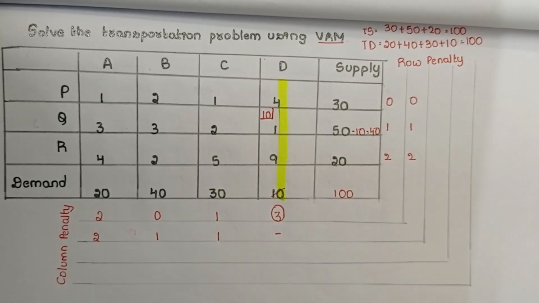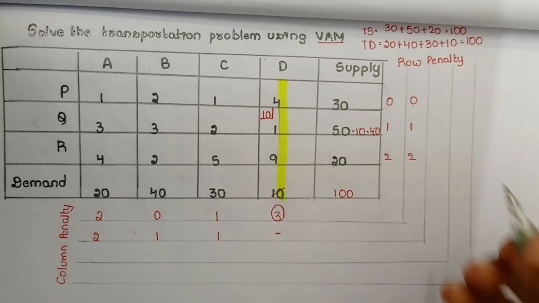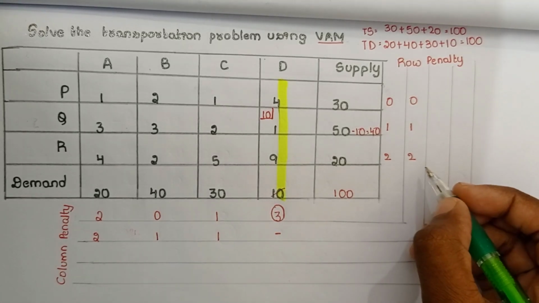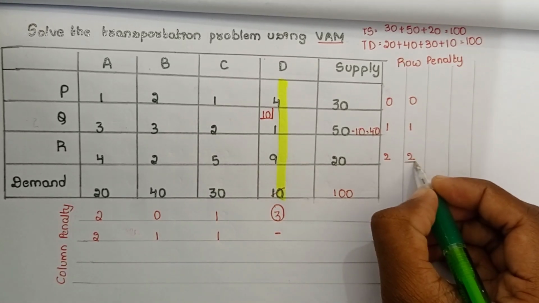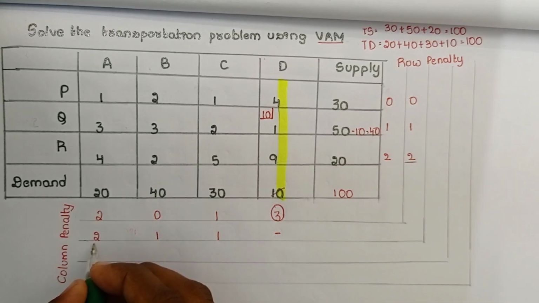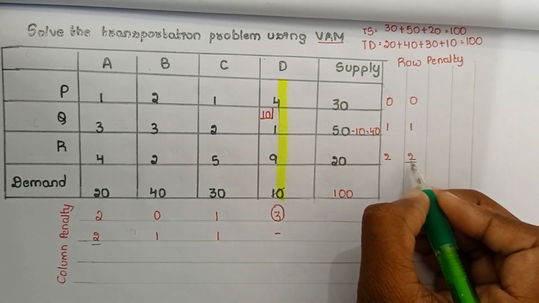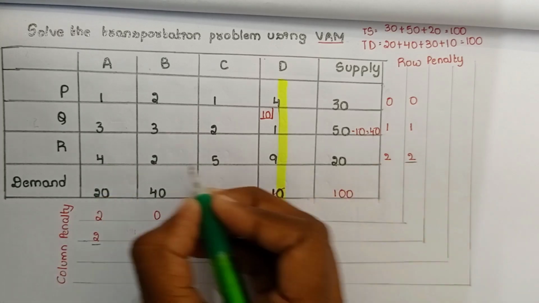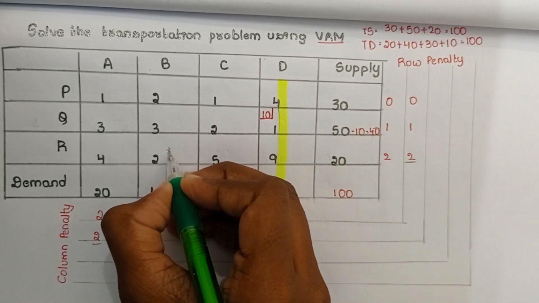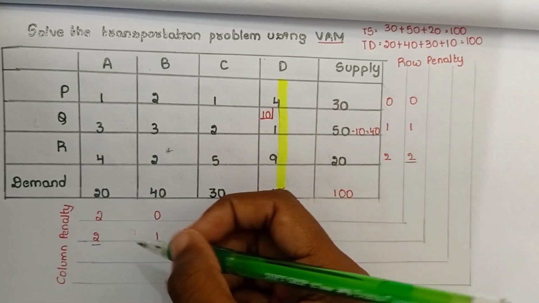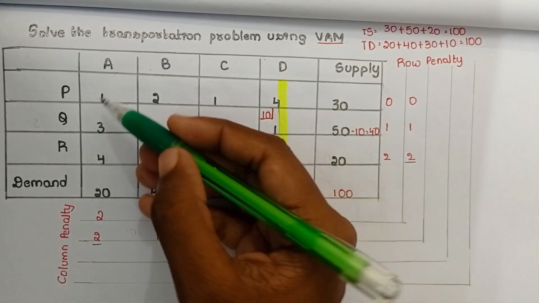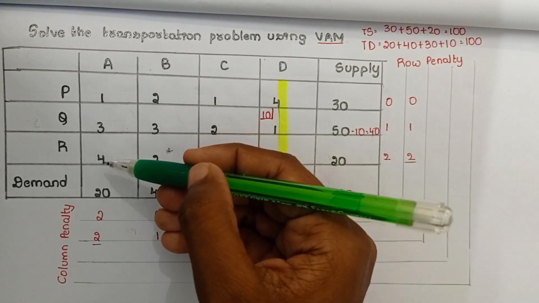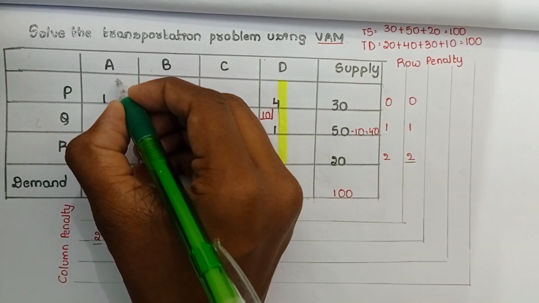First, we have to select the highest value in the row as well as the column penalty. In the row the highest value is 2, and in the column the highest value is also 2. When I start the allocation in this row, the least value is 2. Let me mark that. And when I select this column, the least value among 1, 3 and 4 is 1.